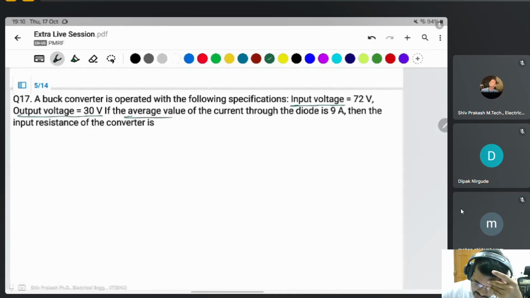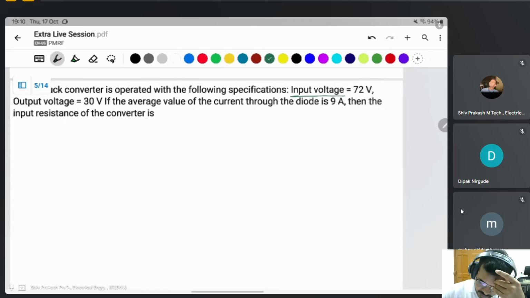The average value of current through the diode is 9 ampere. Then find the input resistance of the converter. Vs is given as 72 volt, V output is 30 volt, and diode current is 9 ampere.